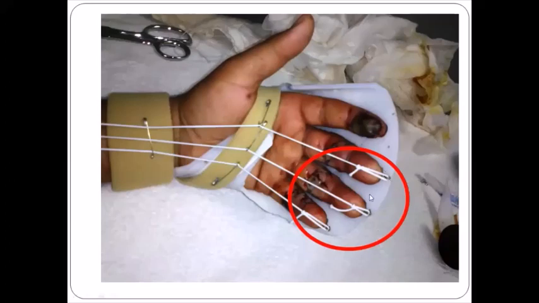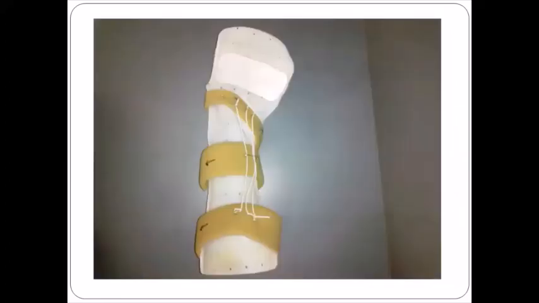So what is the solution? The solution is either you keep this outside the splint, but this is again very dangerous. If your patient is literate and understanding, then you can go for this. Otherwise, the best solution is to apply a pad over the proximal phalanx and the middle phalanx area, so that this will create some gap here.